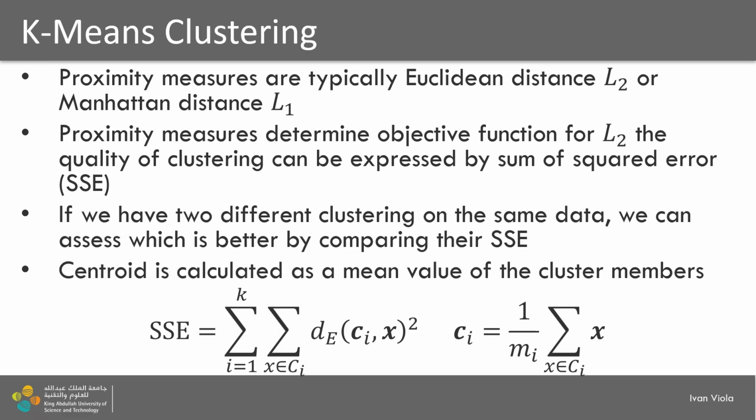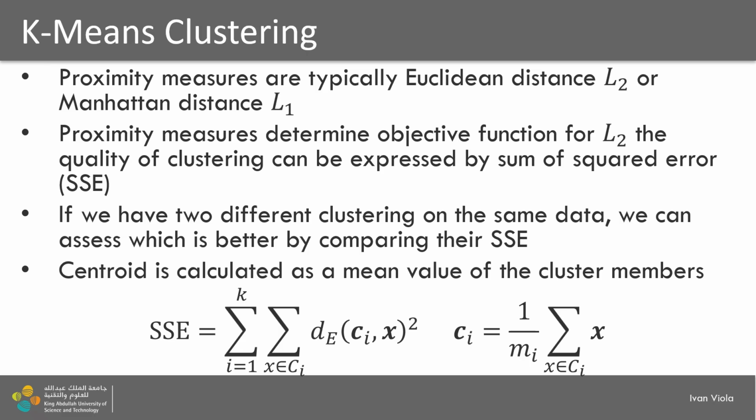And the same formulation can be applied here too in the case of clustering, because we can determine by this L2 distance, this Euclidean distance, what type of objective function can we think of?